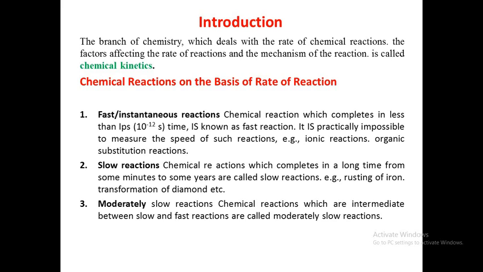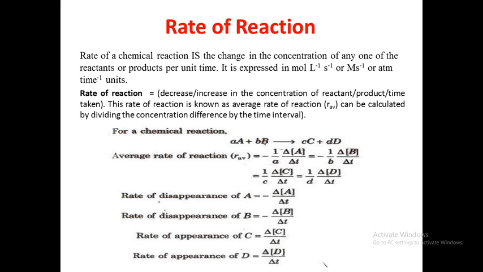For example, rusting of iron, okay, then transformation of diamond. And there are some chemical reactions which are generally moderately slow, okay, and these reactions are in between fast and slow reactions.